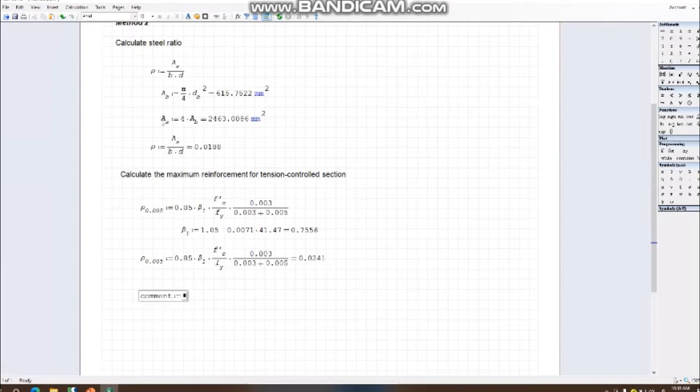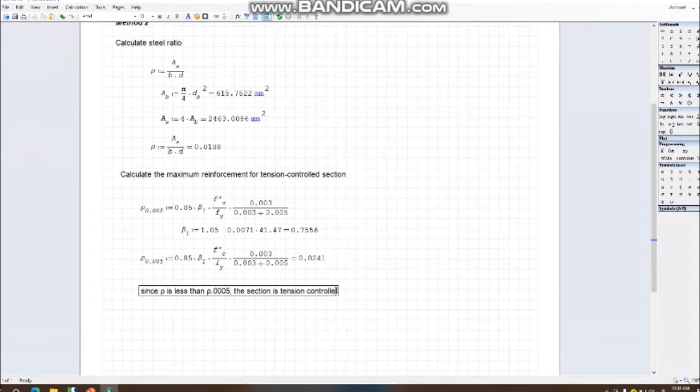So, use the IF command. Maybe we can make tension control automatic, so that it is clear that this is tension control. Since our steel ratio rho is less than 0.005, the section is tension control.